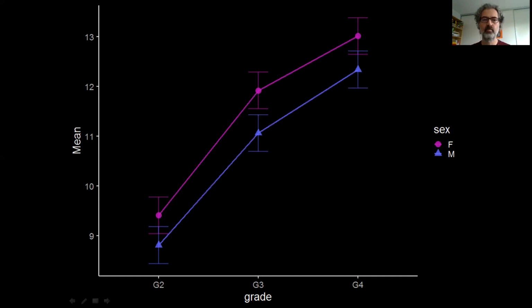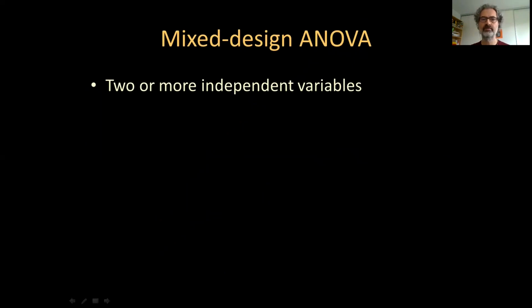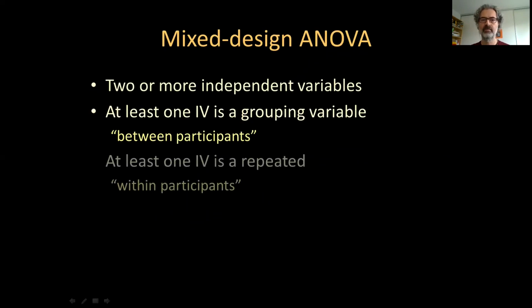Let's see what the actual analysis says. When you have both repeated measures and between participants or grouping factors, then what you have is called a mixed design ANOVA, or a mixed ANOVA for short. That's defined as an analysis of variance with two or more independent variables, at least one of which is a grouping variable and one or more of which is a repeated measure.